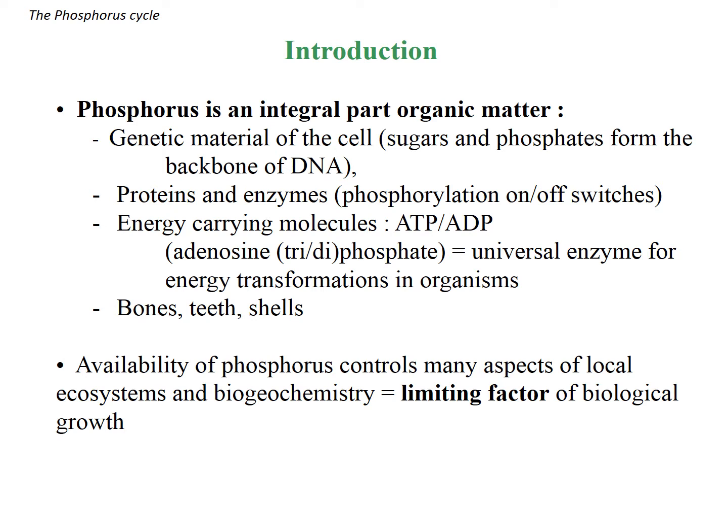So it's a really important component, phosphorus, for lots of parts of life. It's really important for DNA. It's really important in these two molecules, adenosine triphosphate and adenosine diphosphate. These are two molecules that exist in every cell, in almost every organism. Let's say every organism.